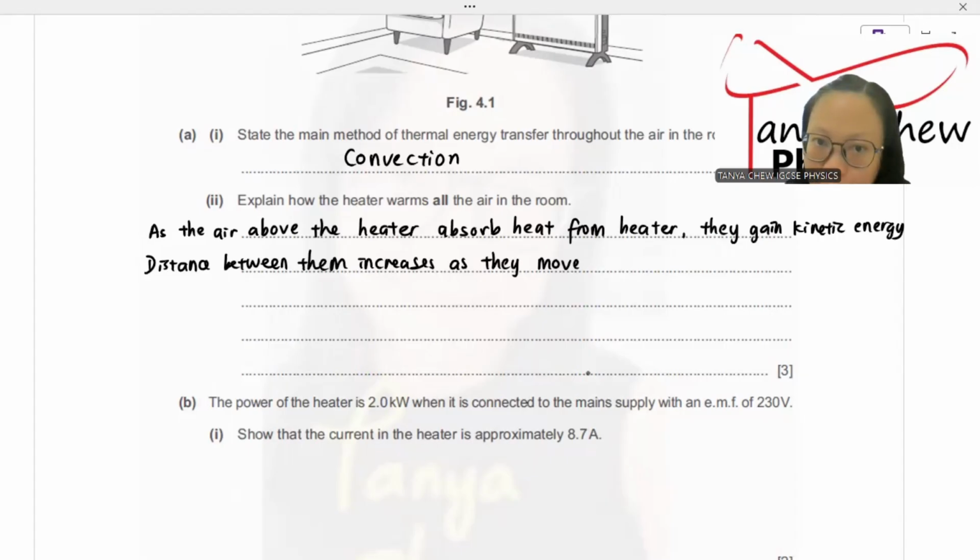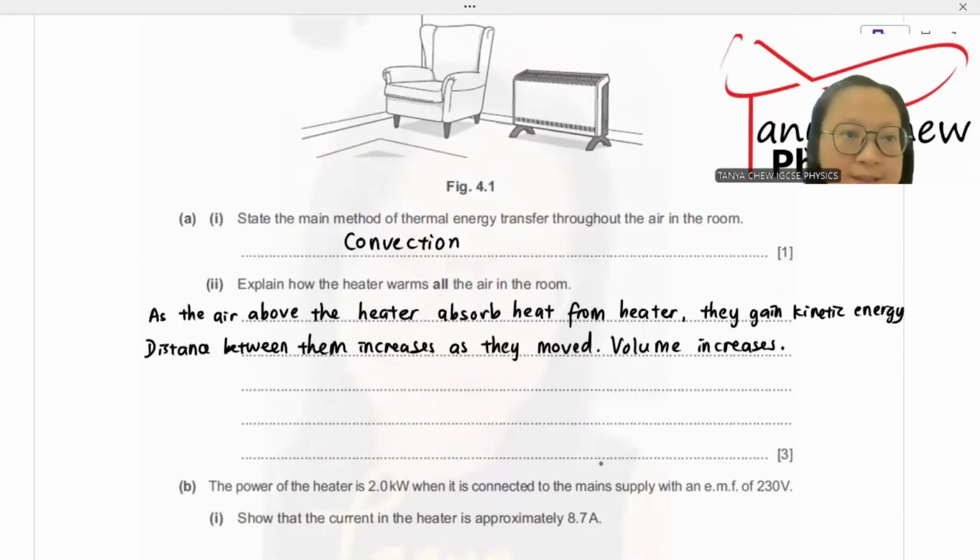After all, this is in the room. As they move, due to the distance between the air particles increasing, volume increases. So when volume increases, do you still remember the equation of density? Density is defined as mass over volume.